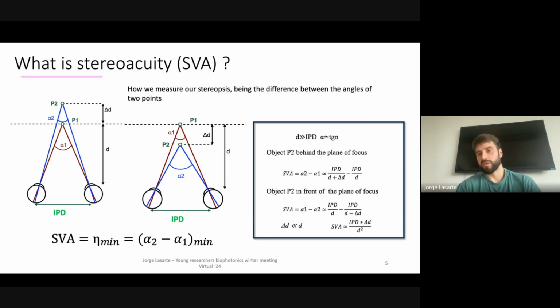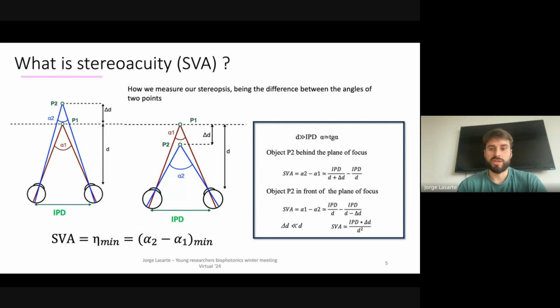So the formulas that we will be using for the SVA calculation are in some way approximate, because we deem that the delta D, or this difference between the 2 points of the object in depth, is way smaller than the distance D at which the observer is placed from the object.